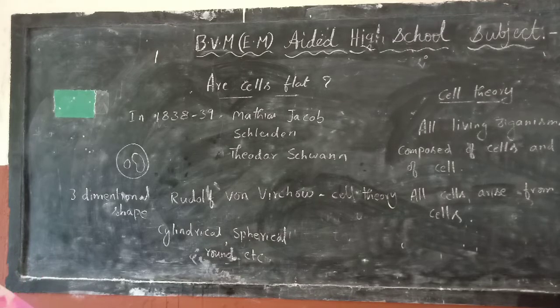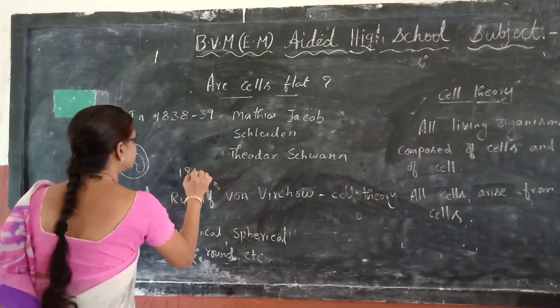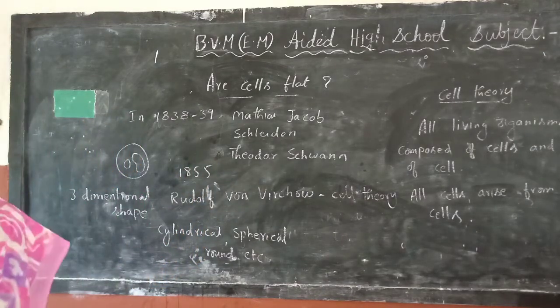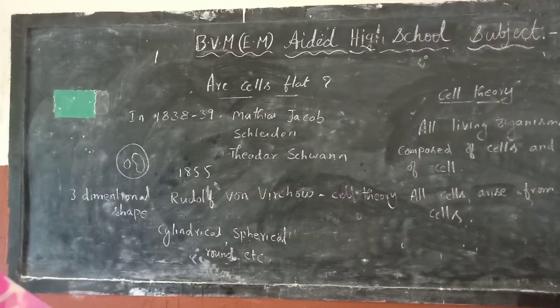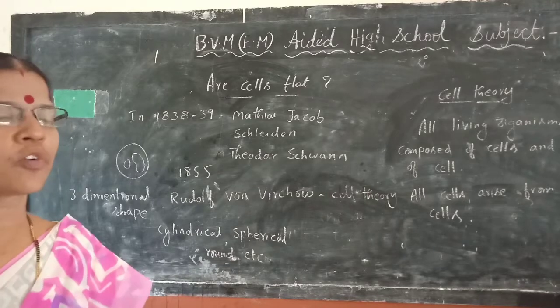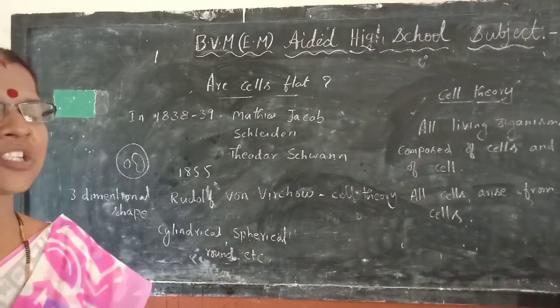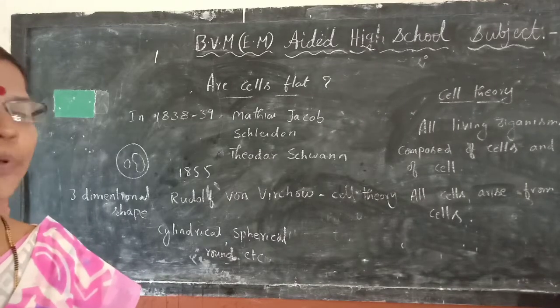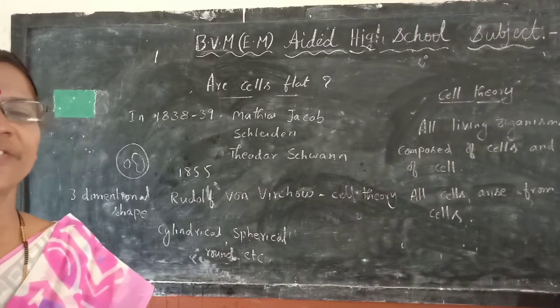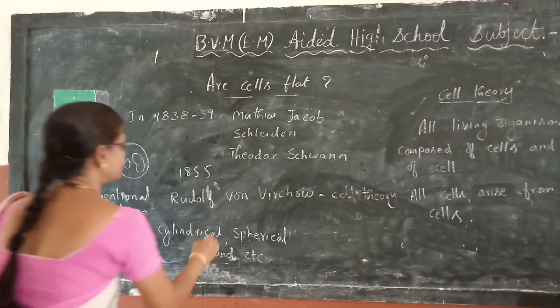Later, in 1855, Rudolf Virchow answered one more thing which was not known and not given by these two people: where these cells come from.